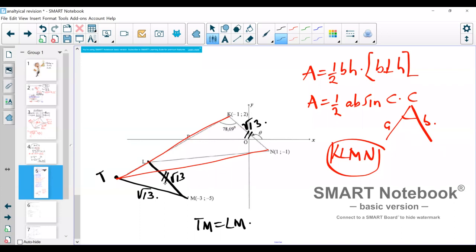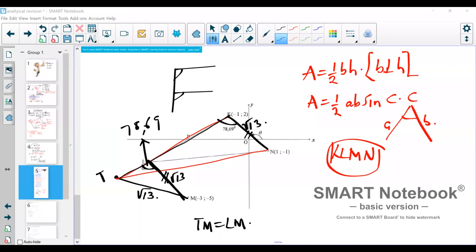Is it okay to say, look at this, please watch this very well. If this line is parallel to this line, automatically this angle is 78.69, corresponding angles. Euclidean geometry. Those angles are equal. Can you see the F there? It's slanting. All right? That's one. Point number two. Now we're analyzing.